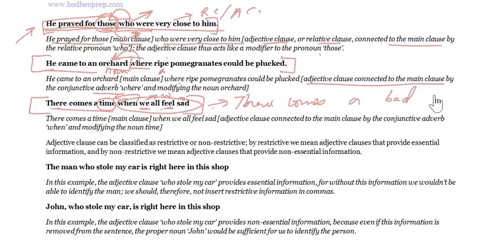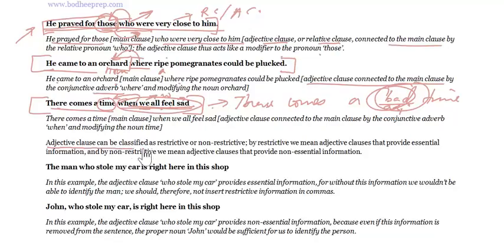This adjective, bad, can be replaced with an adjective clause. There comes a time when we all feel sad. Bad is an adjective. When we all feel sad is also acting like an adjective. But because it's a clause, we call it an adjective clause, right?